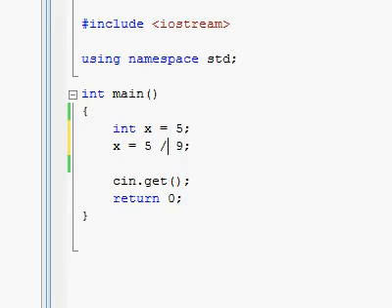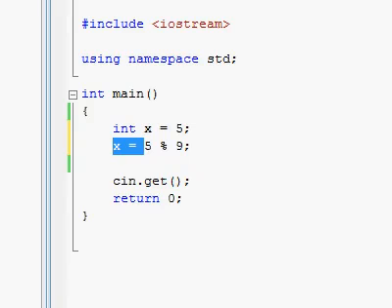And finally we have our mod operator, which is the % symbol. What it does is divide this by that and calculate the remainder, and only the remainder will be given out onto the left side.